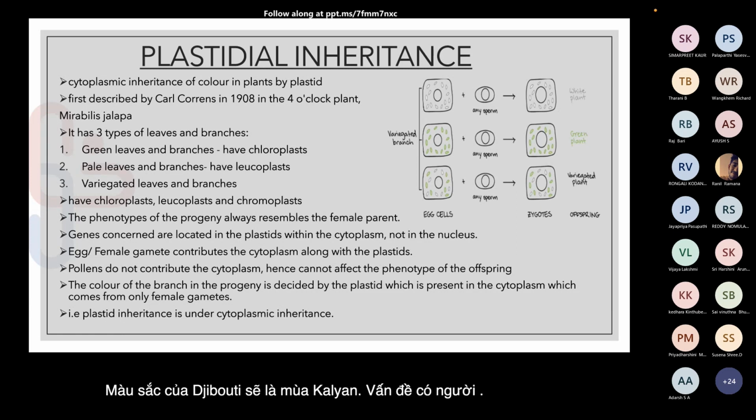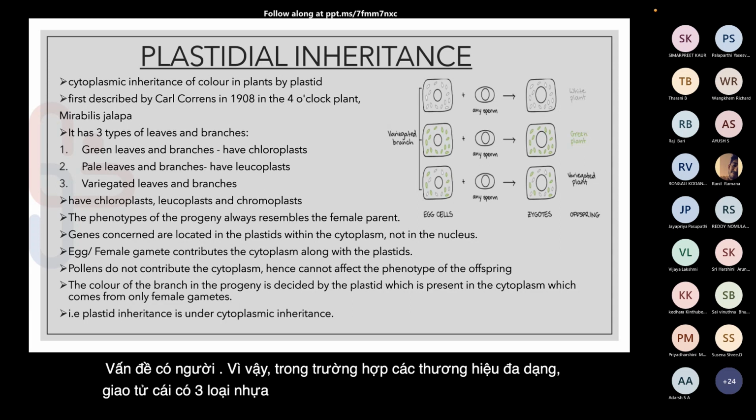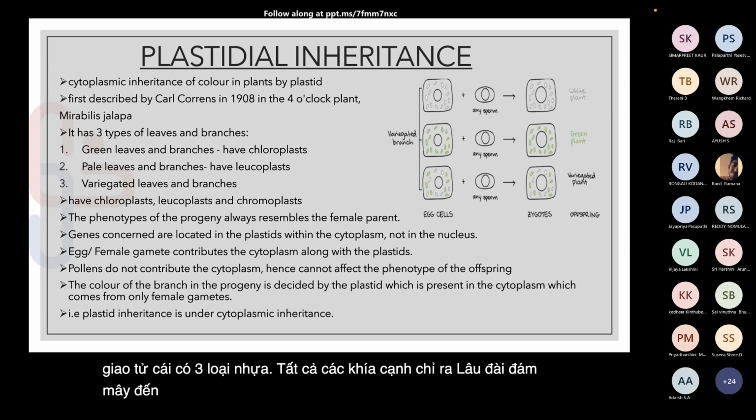In the case of the variegated branch, the female gamete has 3 types of plastids: the chloroplast, leucoplast, and chromoplast. So here the offspring are going to be of 3 types, that is green, pale, and variegated.